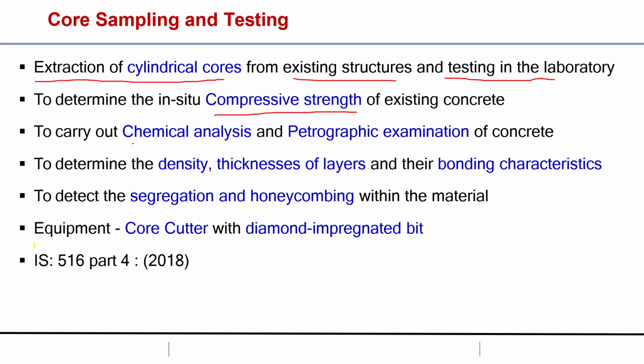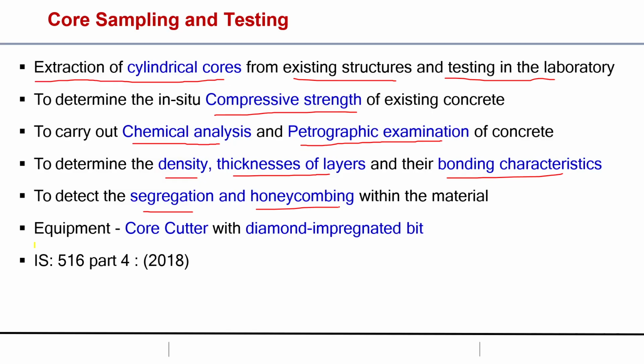Then we can carry out chemical analysis, petrographic examination of the concrete. We can determine the physical properties like density, thickness of the layer, bonding characteristics. We can even identify the defects, hidden internal issues like segregation, honeycombing within the material.